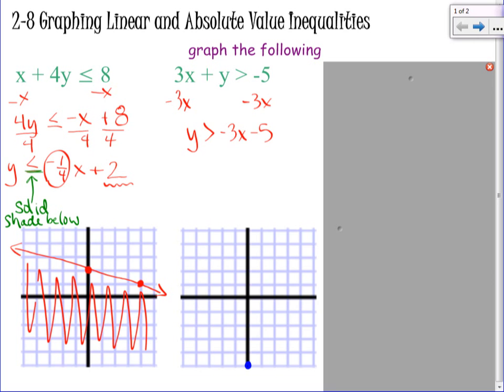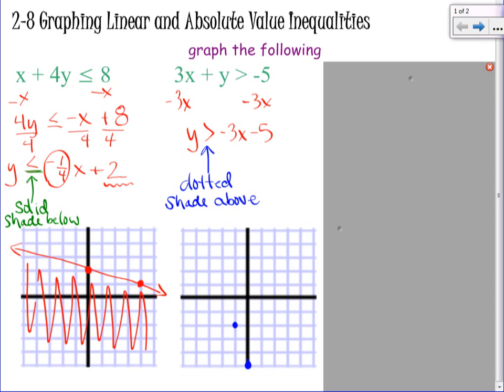Down 3/1, or the same thing would be up 3 and back 1. Since our graph only goes that direction, we'll go that way. Okay, what 2 things do we know from this? It's a dotted line. And shade where? Above, because it's greater than.